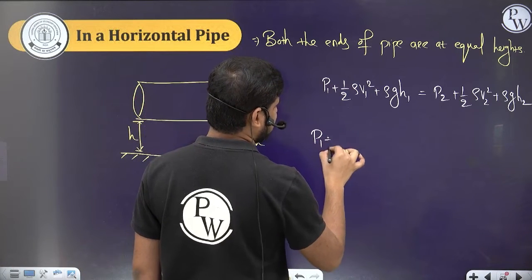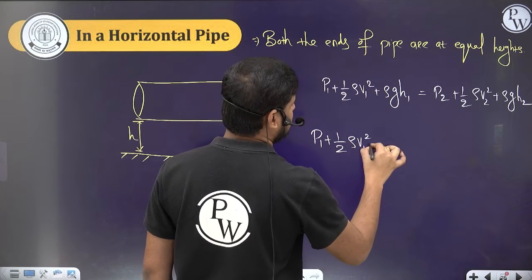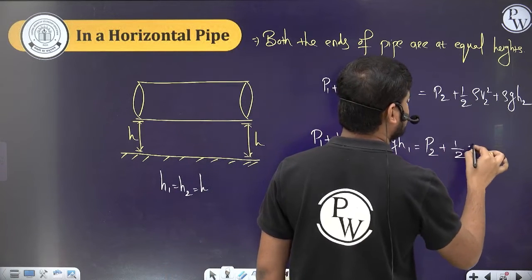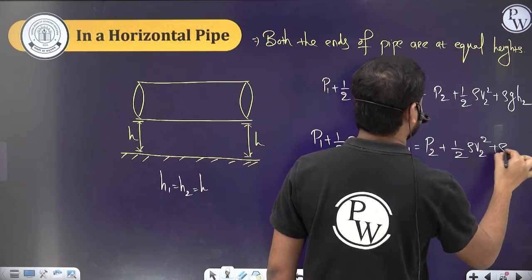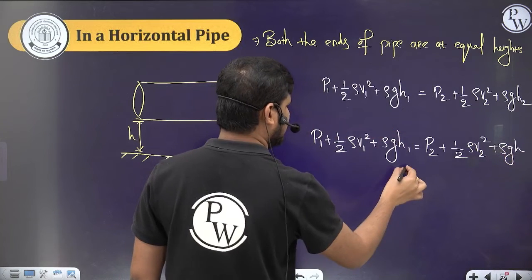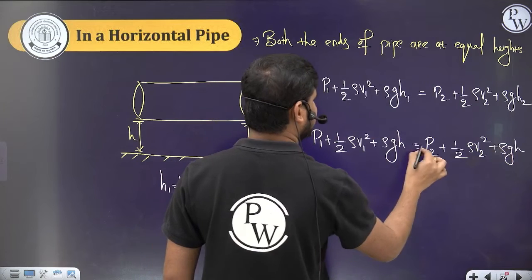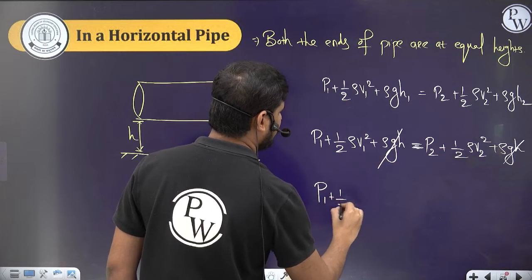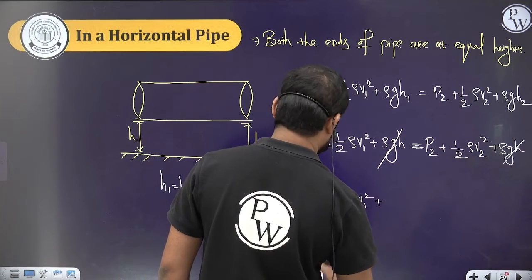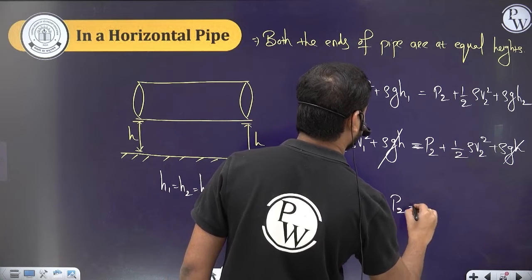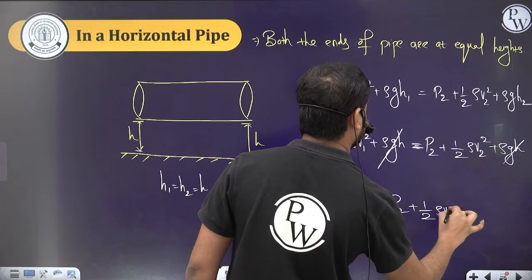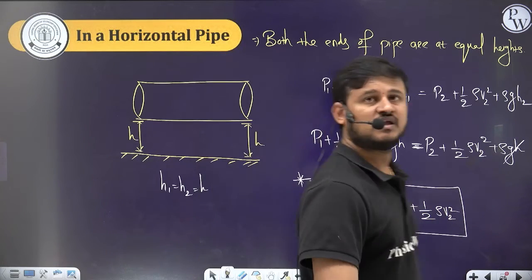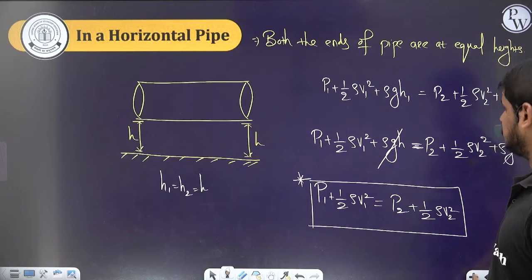So P1 plus half rho V1 square is equal to P2 plus half rho V2 square. Done? Clear guys? Everyone?